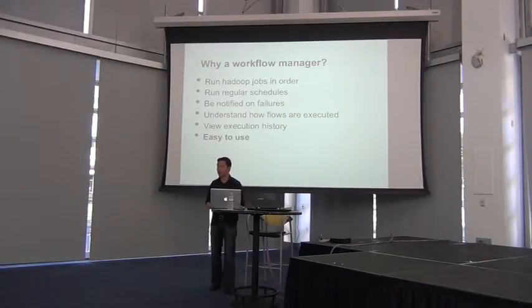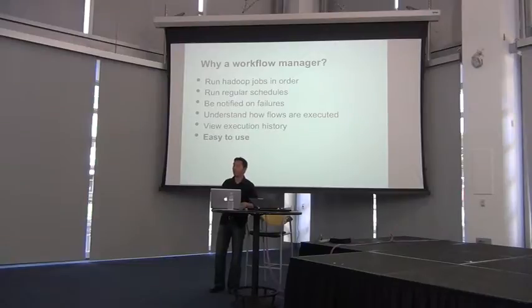We want to run our Hadoop jobs in order, and run them very regularly. We want to know when they fail, of course, and understand how they are executed. We want to know what order they're running in, what step it's on, and we want to see how it performed in the past. But a key feature we want is that it be easy to use.